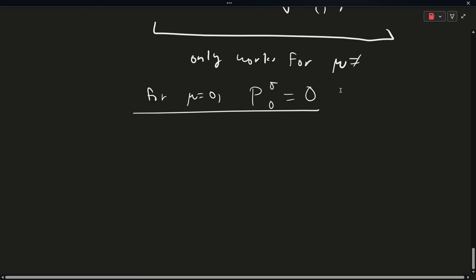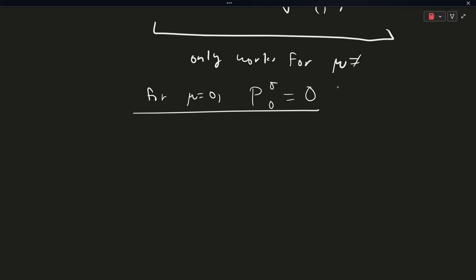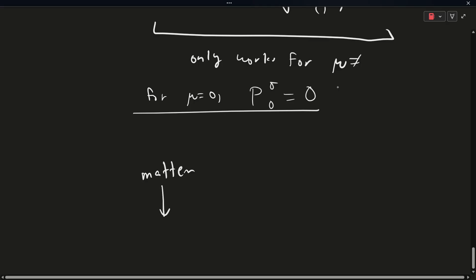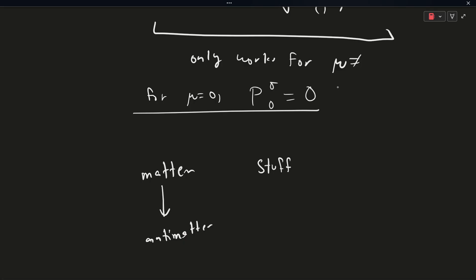But what I want to leak to you guys is that everything we know has some sort of polar opposite, so to speak. So just like how matter has antimatter, the stuff that we know, that we've been discussing throughout everything in physics, has anti-stuff.